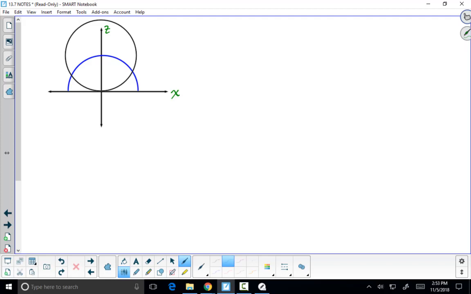Were the spheres you were dealing with of the same radius? Yeah. Okay. So let's imagine that this one right here is rho equals 4. So that's a sphere of radius 4, centered at the origin. This one, what would its equation be if it's offset and it has a radius of 4? 4 plus.